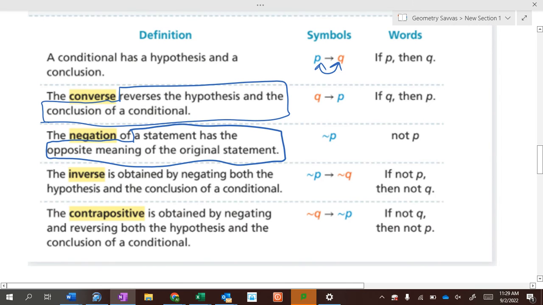So if not the conclusion, then not the hypothesis. So if not Q, then not P. So lots of vocab words today.